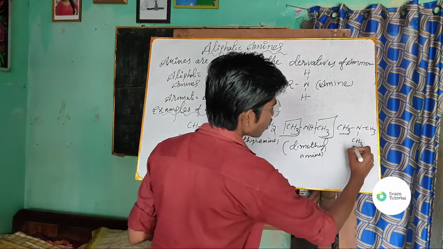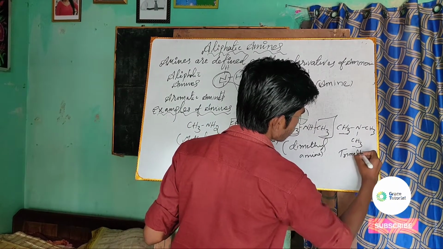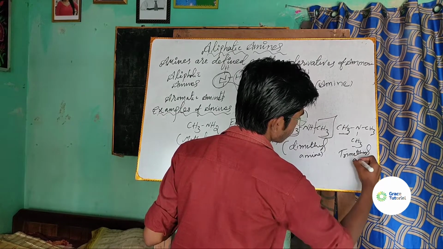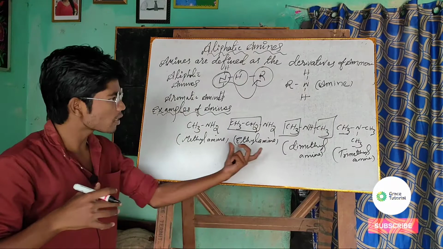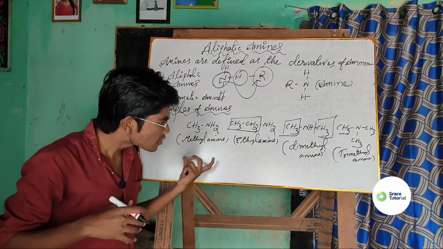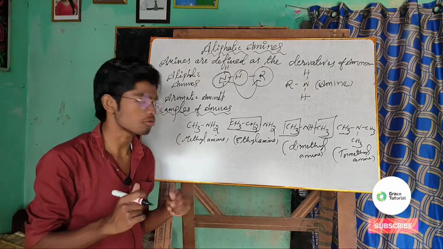Similarly, here three methyl groups are there, that's why it is trimethylamine. All the examples that I have written for you are aliphatic amines, because these are open chain compounds.